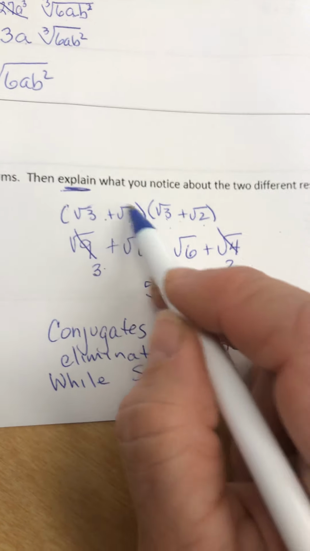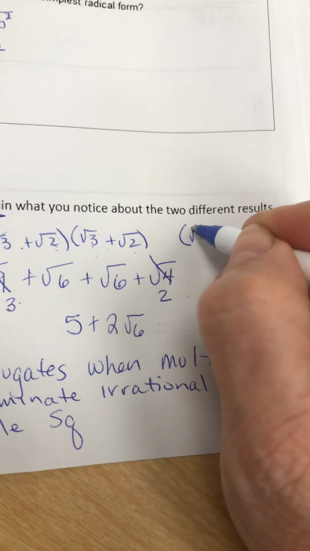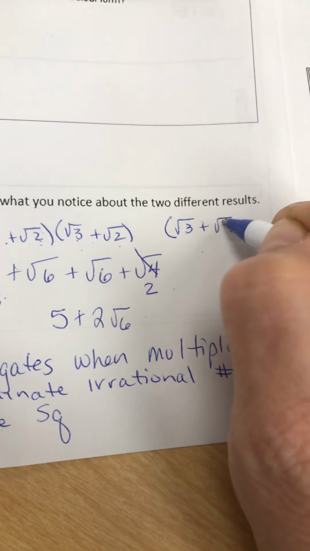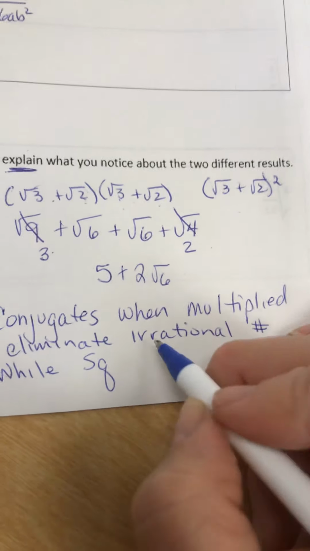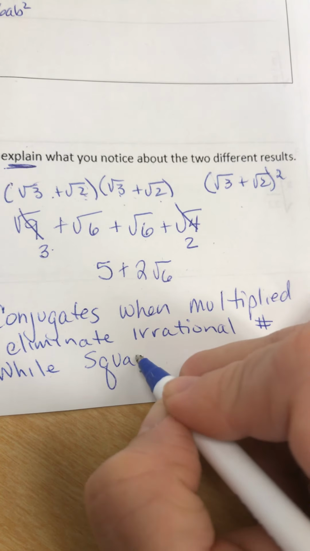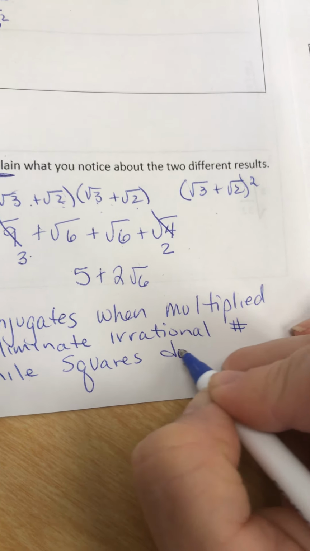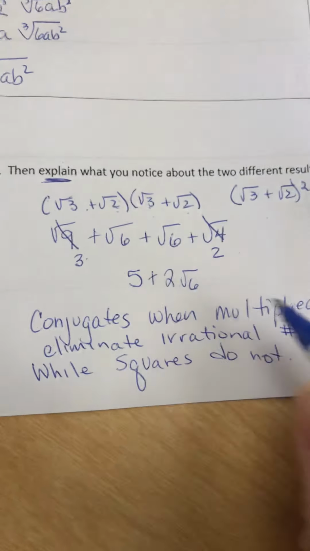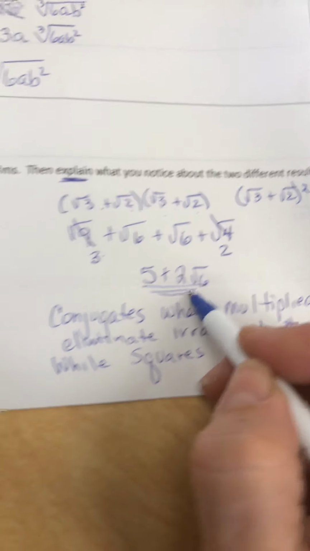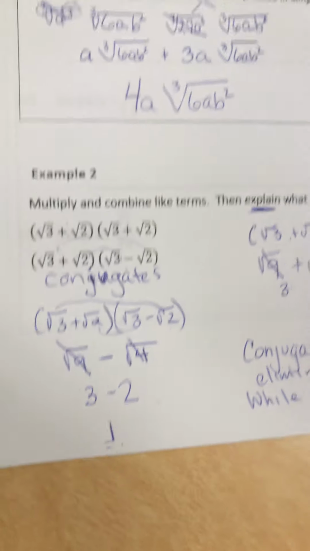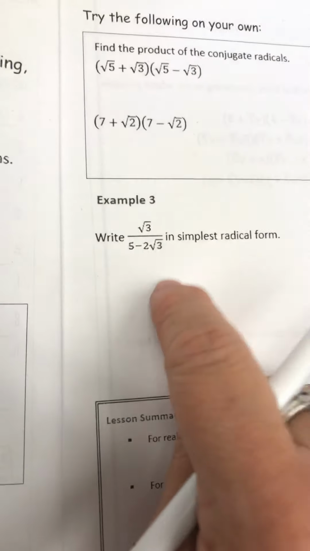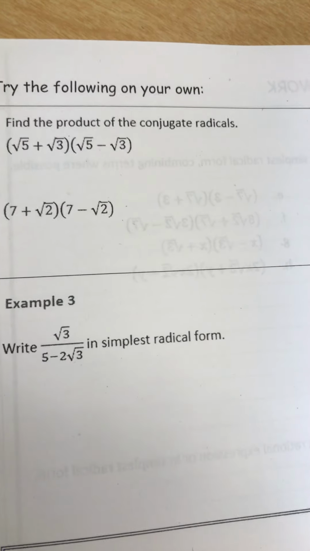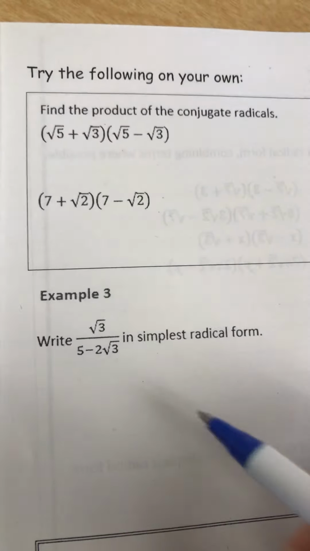We were doing this times this, which could also be written as rad 3 plus rad 2 squared. Okay, squares do not. Okay, this is still an irrational number. This is rational. That's going to come into play when we do number 3 in class. Okay, so I'm not going to do that one with you.